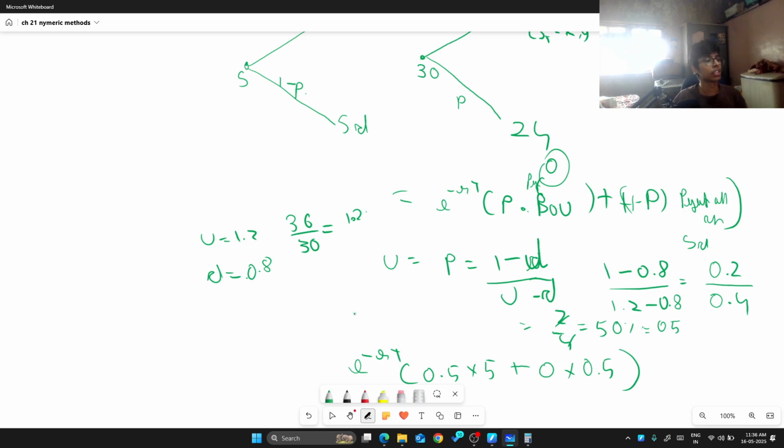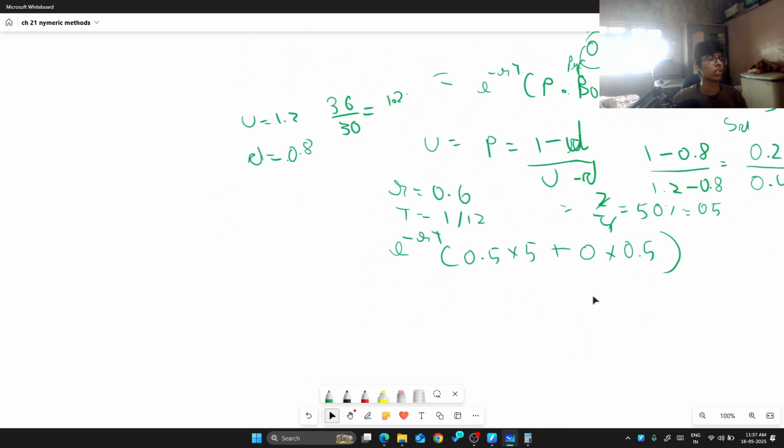Then we discount at the risk-free rate. Let's take a risk-free rate of 0.06 and for simplicity a time of 6 months, 0.5. So our final equation would be e to the minus 0.06 times 0.5, times 0.5 times 5.